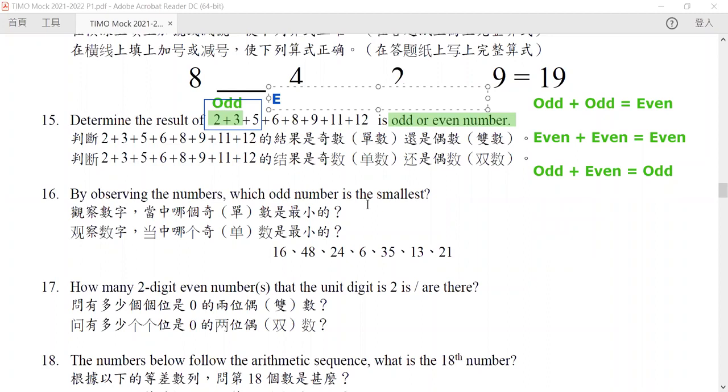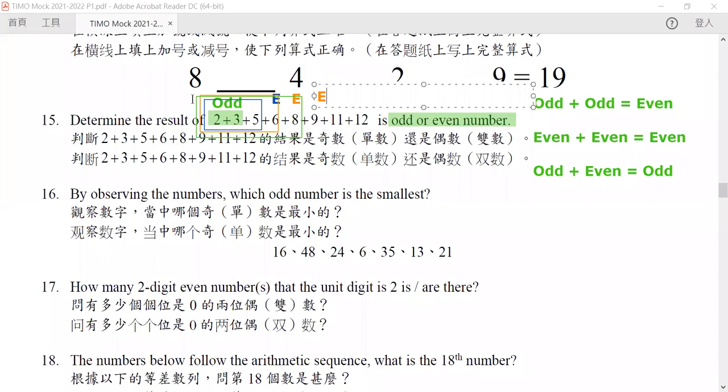And then we can continue to do this. An even number plus another even number will be even. If we continue to add another even number, so 2 plus 3 plus 5 plus 6 plus 8, it is still even.